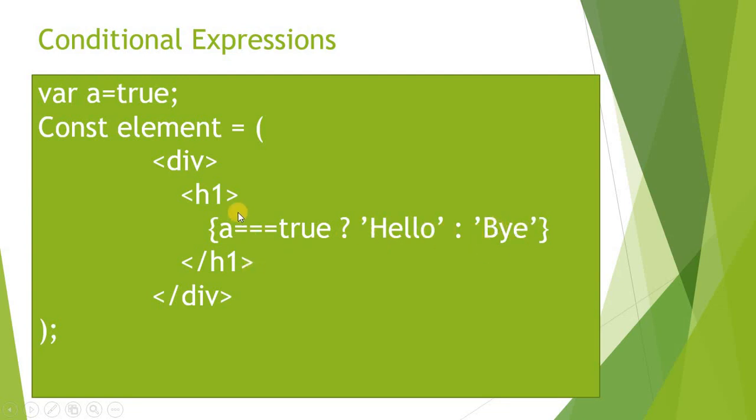So here you can see that you can use HTML with JavaScript. Basically JSX is a combination of HTML and JavaScript, so it is very easy to write your HTML code with JavaScript code.